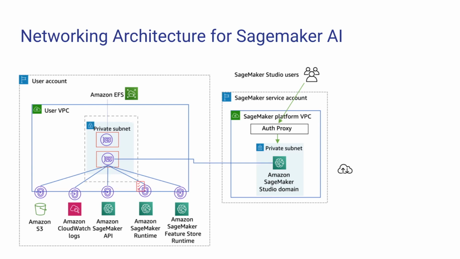Within this VPC, we can communicate with different AWS services within the AWS network without having to pass through the public internet, using the VPC endpoints. So as you can see from here, we can connect to our S3 bucket, our CloudWatch logs, SageMaker API, all within our controlled environment.